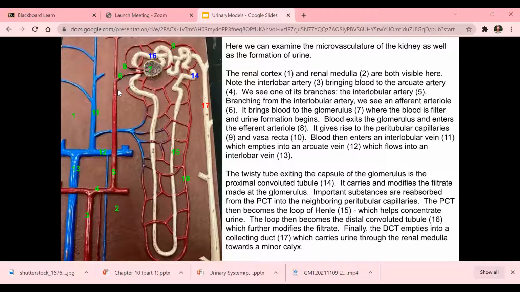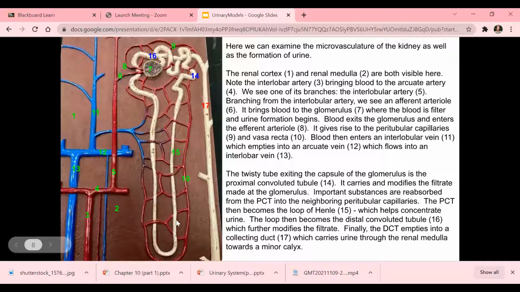The interlobular artery makes afferent arteriole. Afferent arteriole makes glomerulus, and then efferent arteriole come out. The efferent arteriole wrap around the nephron.